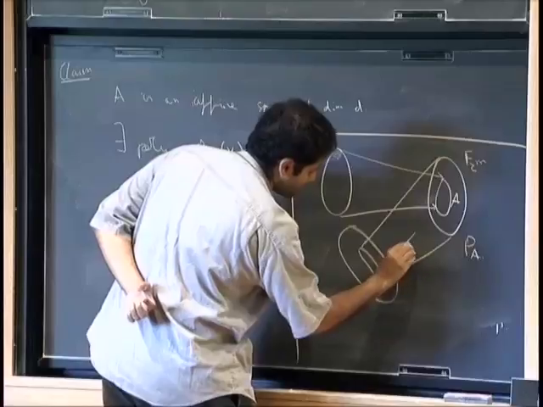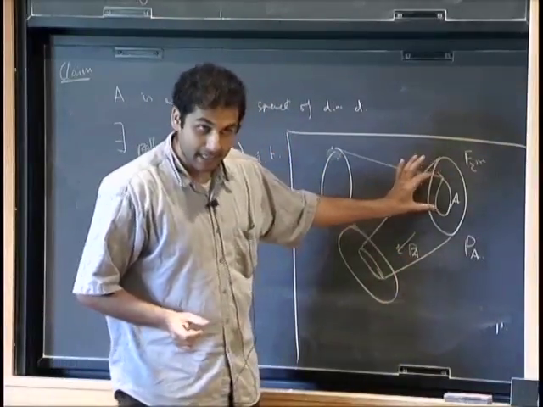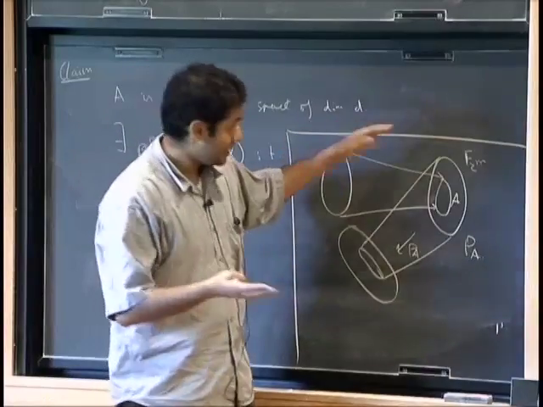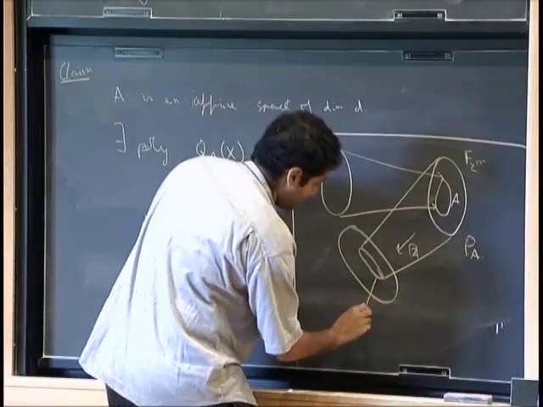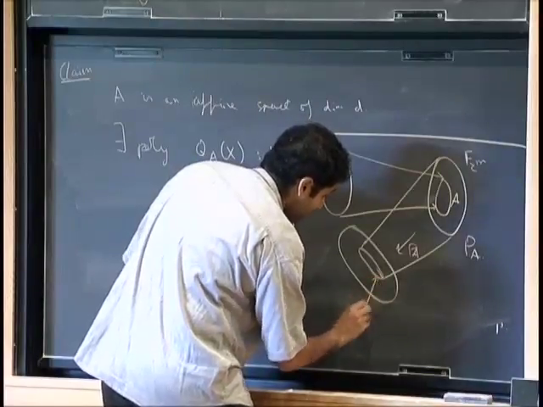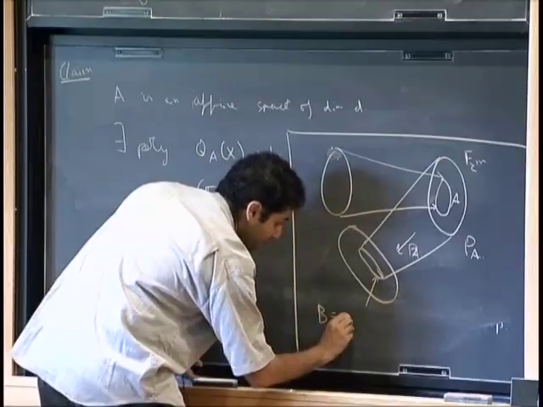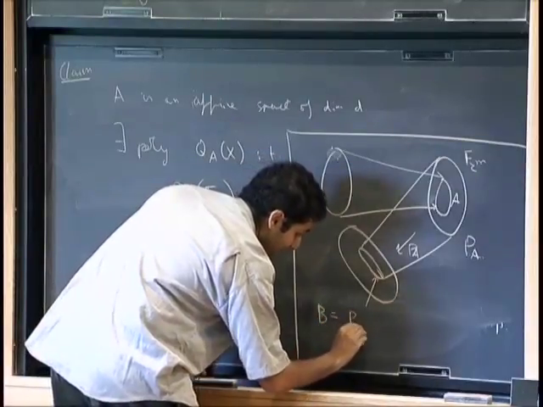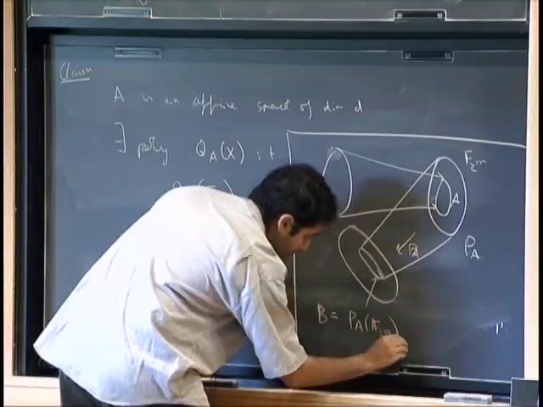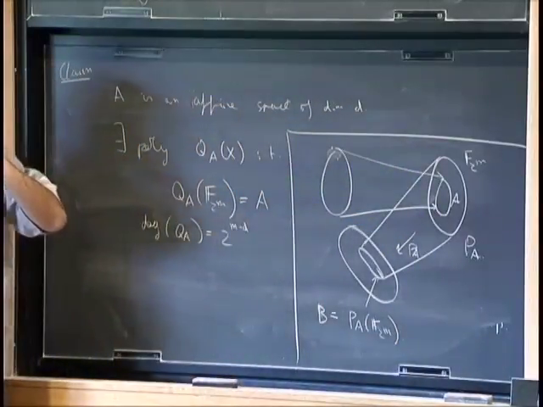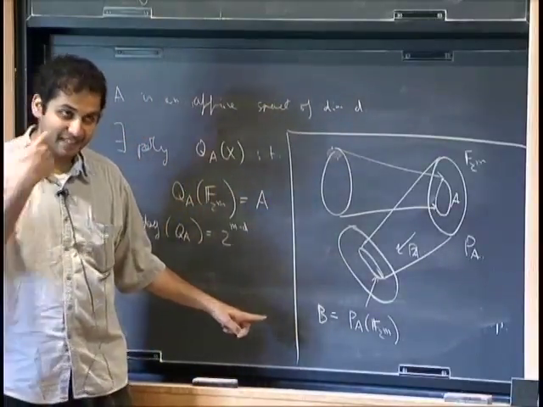So this map is P_A. P_A sends A to 0, but it sends everything else to something else. So I will define B to equal P_A of all of F_2^m. Okay, and the claim is, if you look at P_B, its image is A.